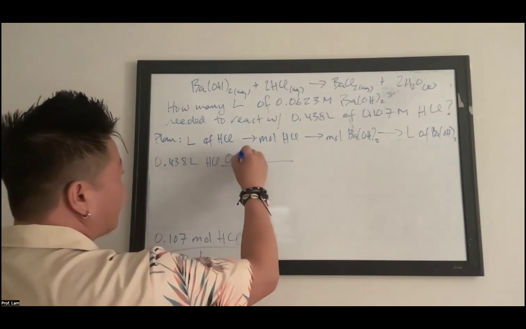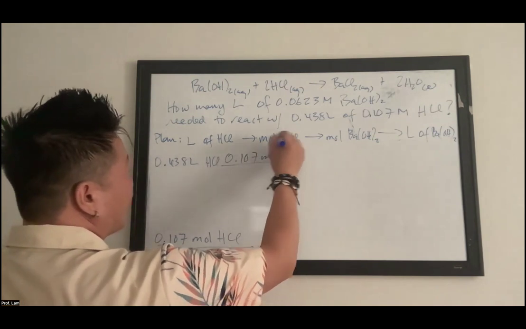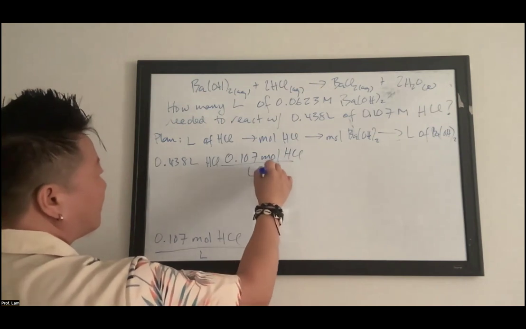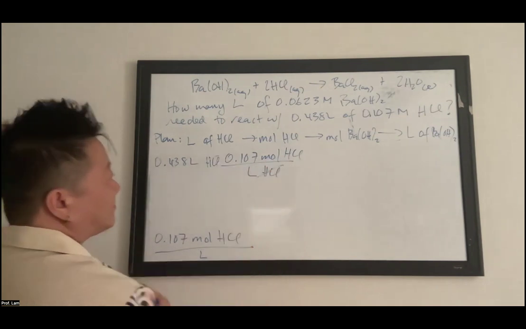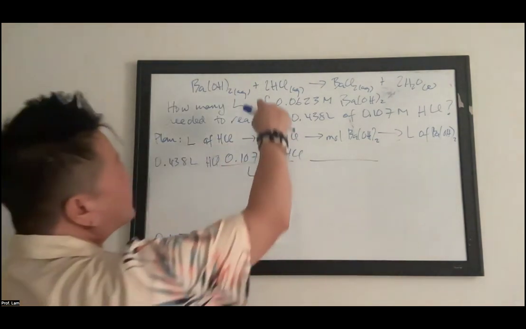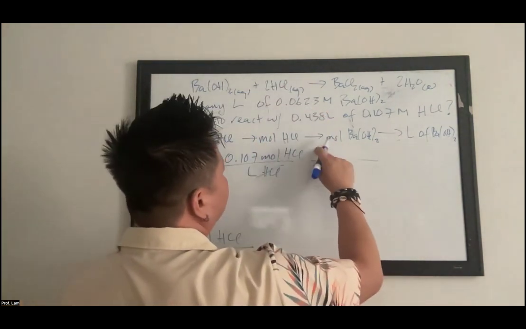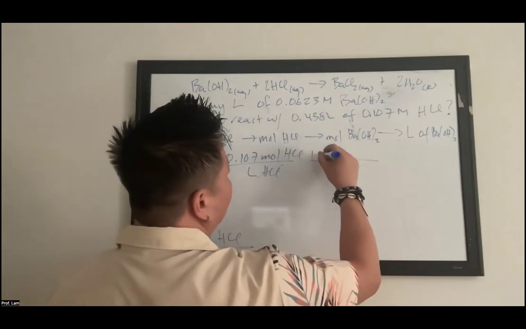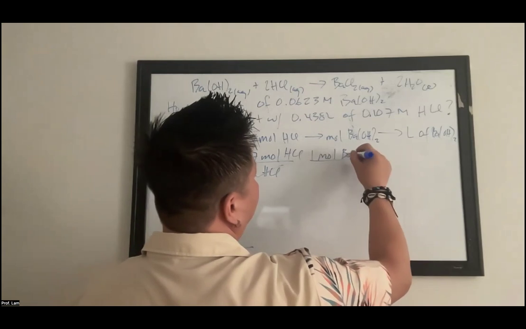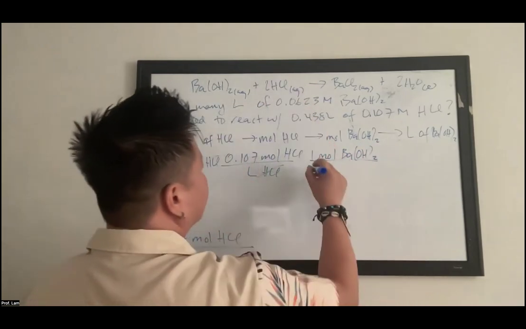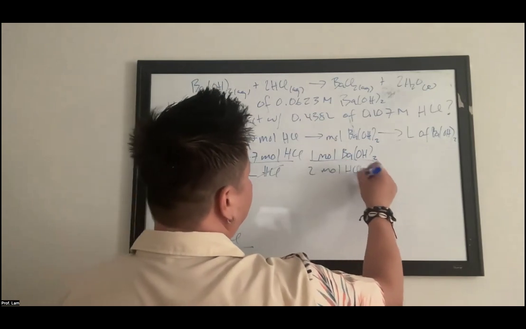Moles of HCl, because we want moles of HCl to come out. Liter is going to be on bottom. And then the mole-to-mole ratio: moles of HCl, that's 2 moles of HCl to barium hydroxide, that's 1. We want barium hydroxide on top, so we put 1 mole of barium hydroxide on top and 2 moles of HCl on bottom.